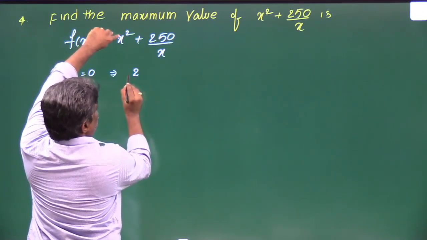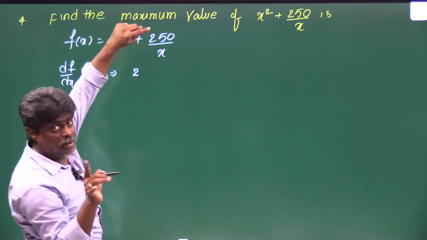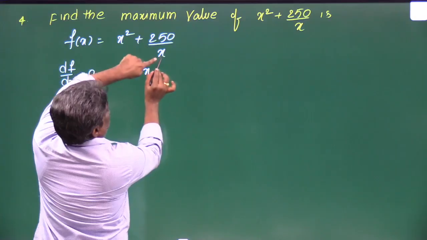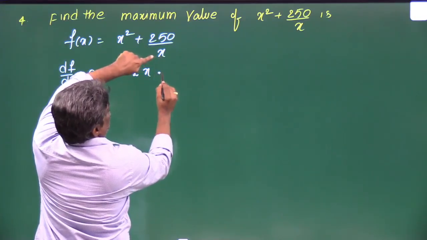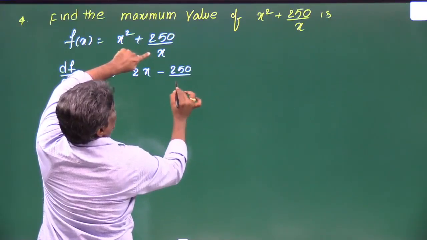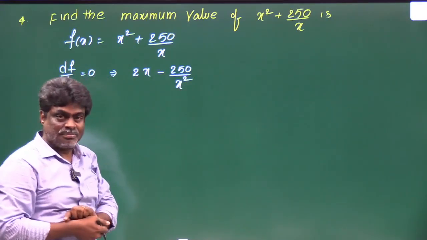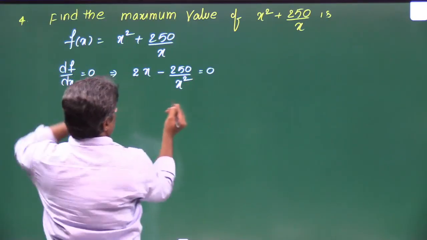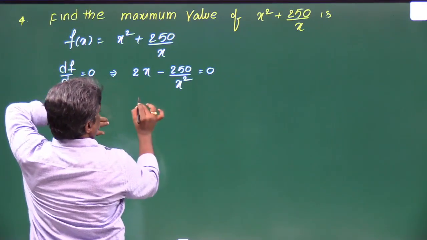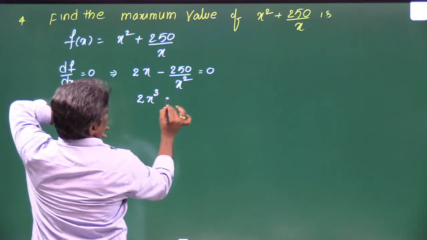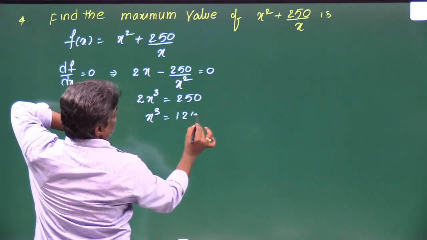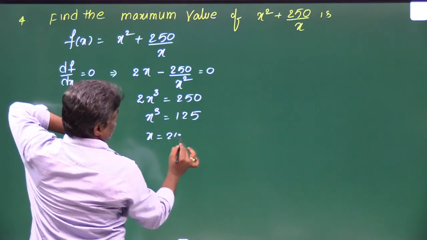If it is in the denominator, minus; here the power is 1, so 250 by x square. So equal to 0. If you cross multiply, 2x cube equal to 250, and x cube equal to 125 and x equal to 25.